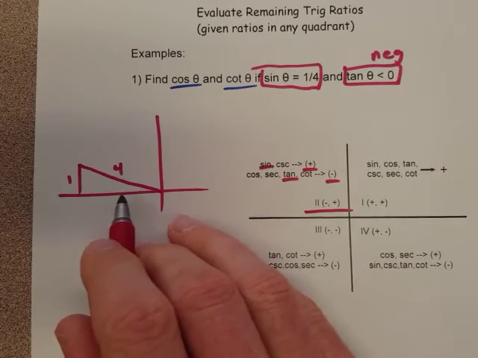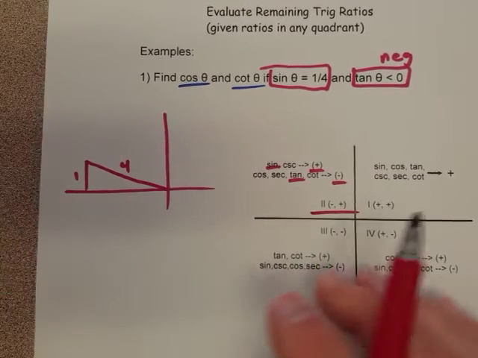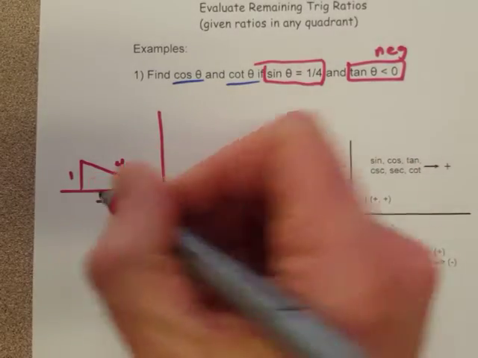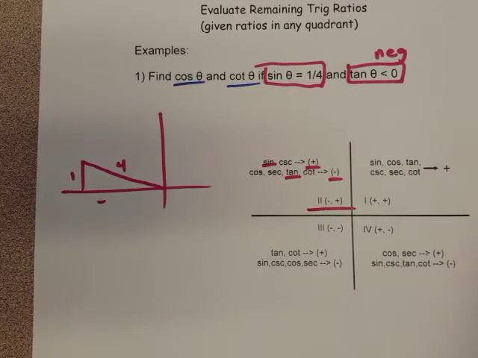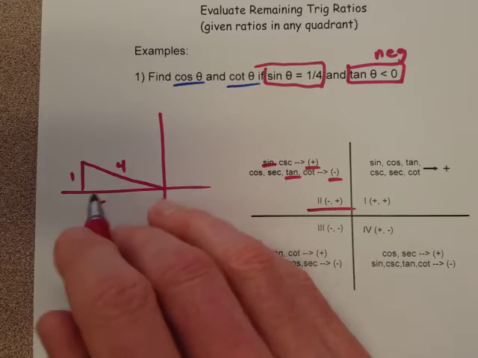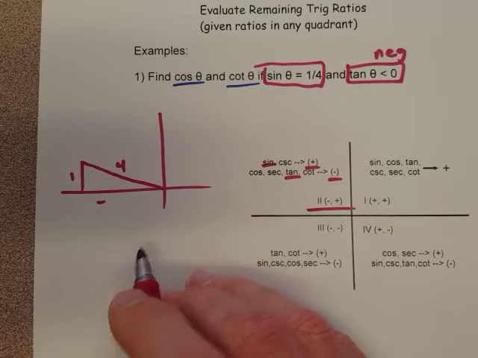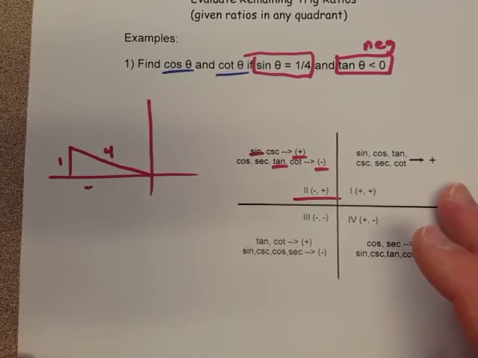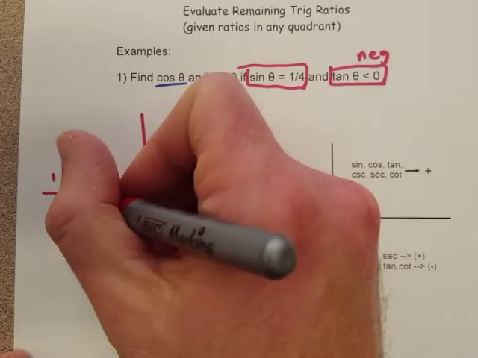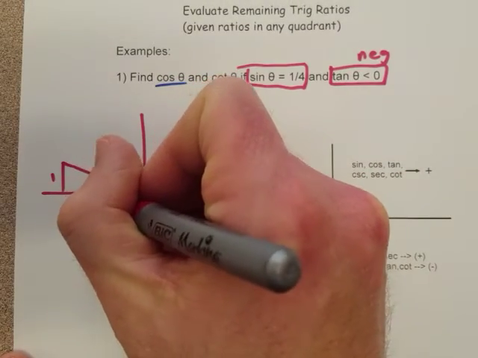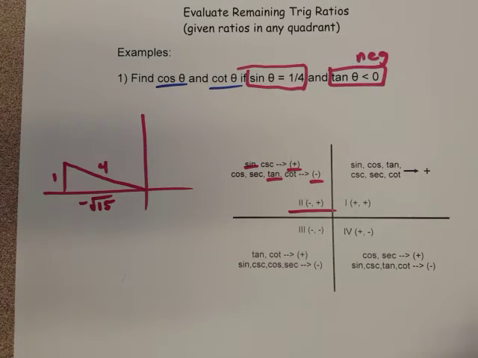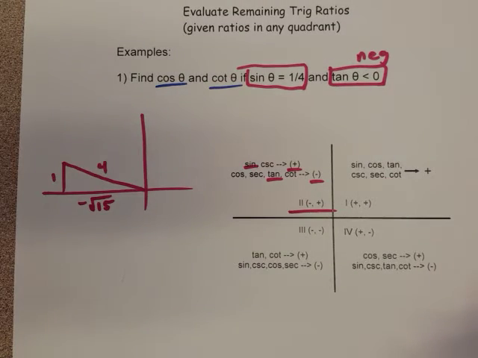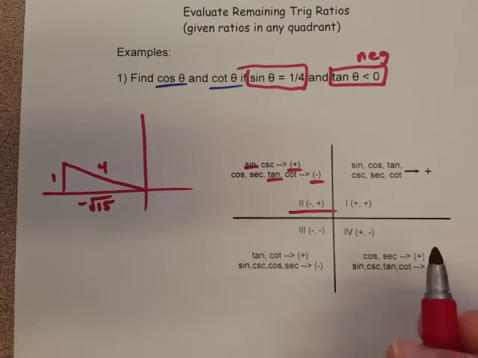Now, being that this one is in the second quadrant, notice that it is going to be a negative value. So when you solve it for that one, you'll be solving it as a negative value because it's in that quadrant. Now, just to remove some of the details here, you're probably really well aware of how to use the Pythagorean theorem. That ends up being square root of 15. So negative square root of 15 for that part of the triangle.